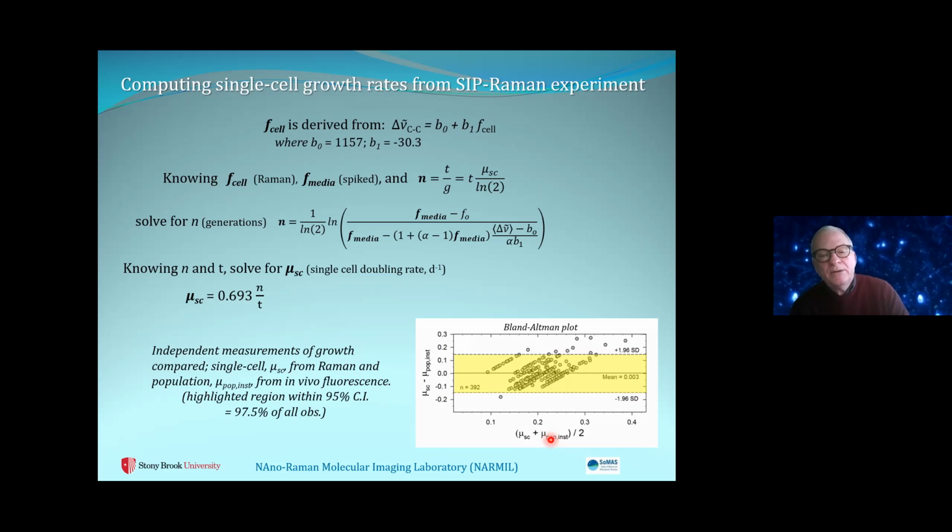The yellow area is the 95% confidence interval, and anything that falls within that, you can confidently say both techniques are measuring the same thing. 97% of our observations fall within those confidence intervals.